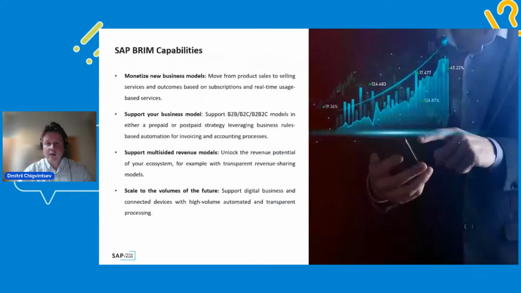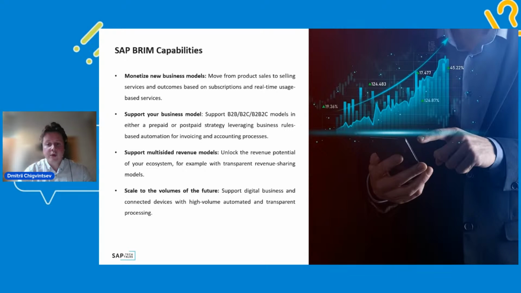Based on that, we can describe the capabilities of the BRIM product. First of all, BRIM provides you an opportunity to innovate your business models so that you can deliver a better end-customer experience. Also, BRIM provides you an opportunity to monetize subscription and usage-based services in real time.